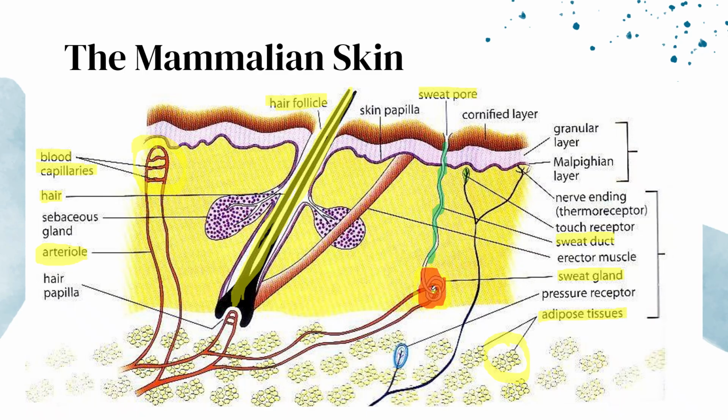Now the nerve endings are here. Let me highlight in a different color. This is a nerve ending, and the nerve ending is known as a receptor, and this receptor can detect changes in temperature, so we call them thermoreceptors. There are many types of receptors under our skin. Our skin can detect changes in temperature, which we call thermoreceptors.